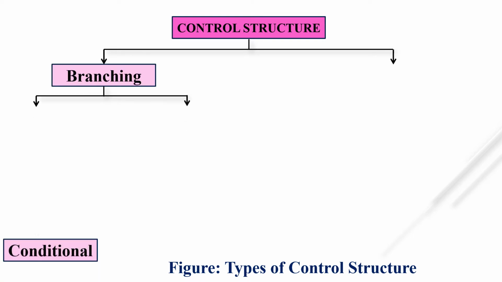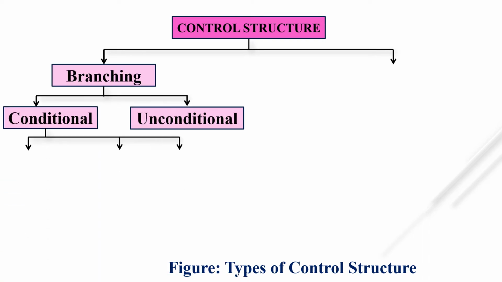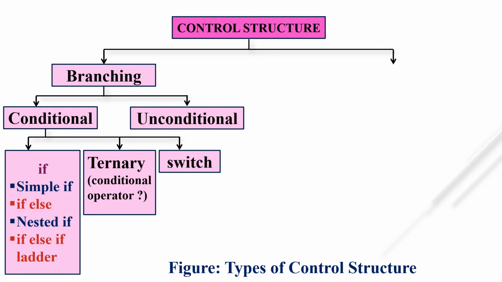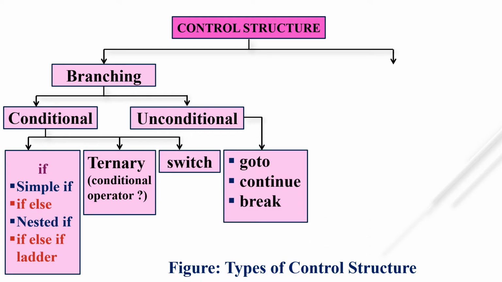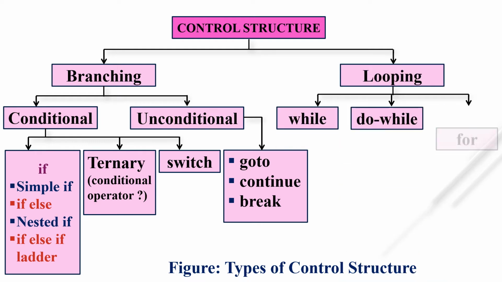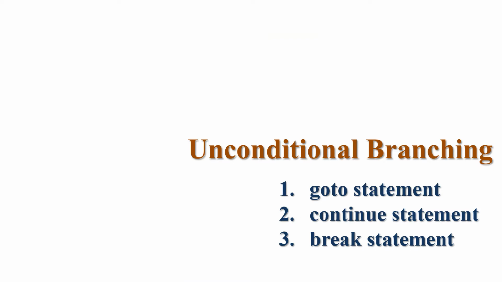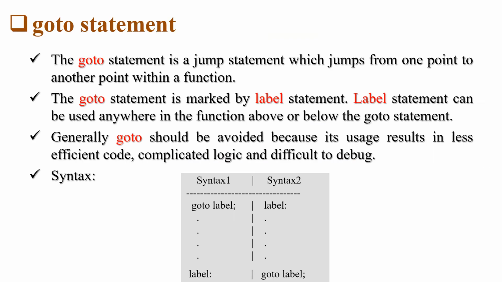So we already completed conditional branching, which includes if, ternary, switch case. Now we proceed with go to, continue and break statement. So first, what is the go to statement? The go to statement is a jump statement which jumps from one point to another point within a function.